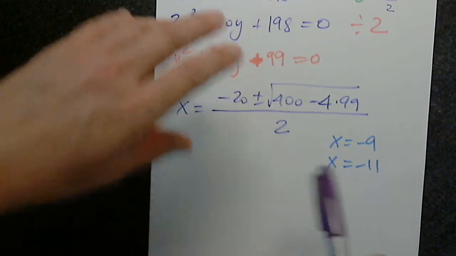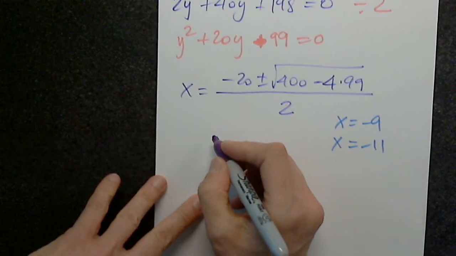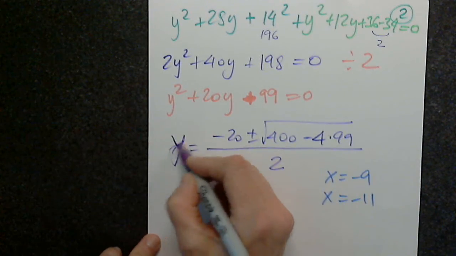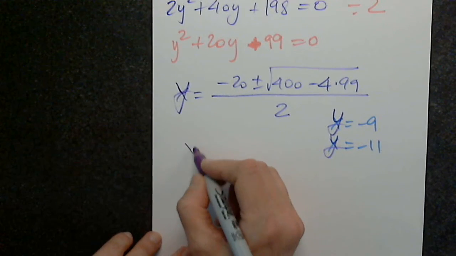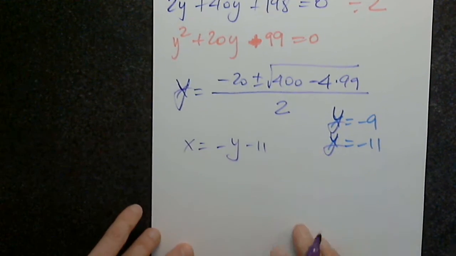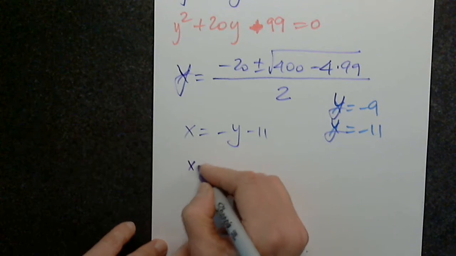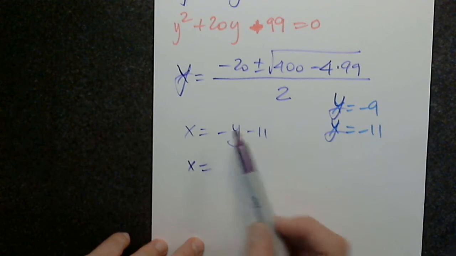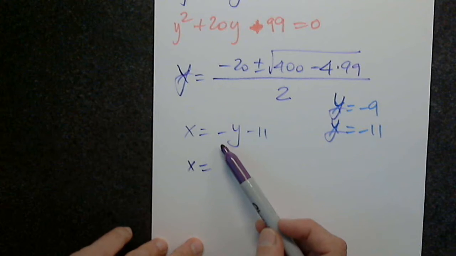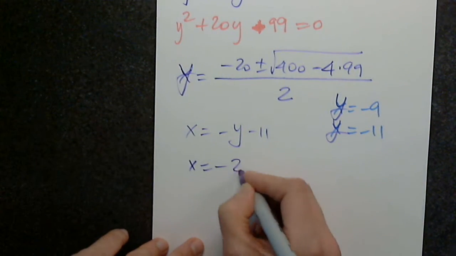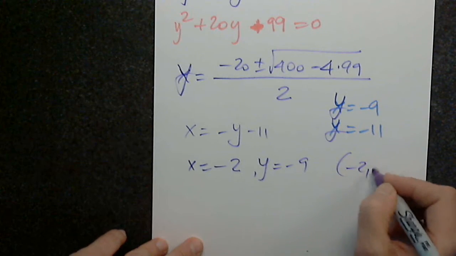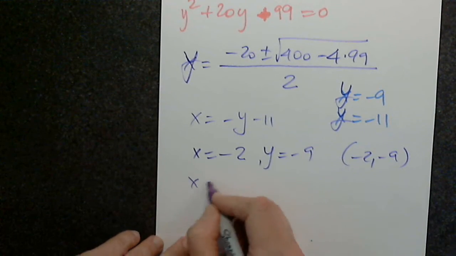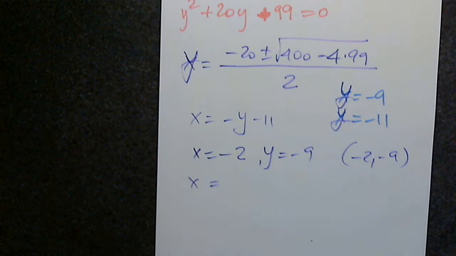Excellent. So remember, I'm so sorry, this is actually y, sorry. So x was negative y minus 11. So how much is x when y is negative 9? Negative 9 with minus in front is 9. 9 minus 11 is negative 2. So negative 2, negative 9. Can anyone give us the other x?